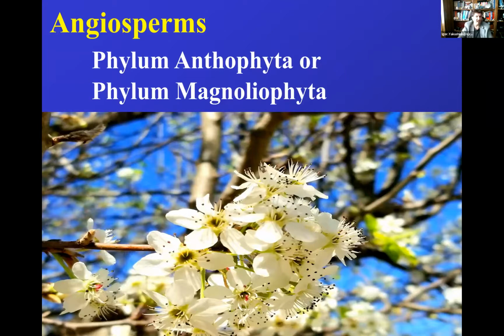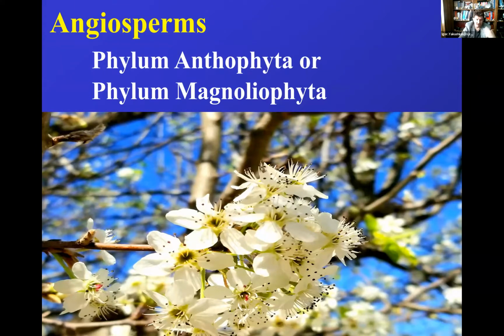So today we're talking about flowering plants: Anthophyta, Angiosperms, Magnolia phyta, either or. Magnolia is considered to be one of the simplest flowering plants from the evolutionary point of view. Therefore, either name will work just fine.